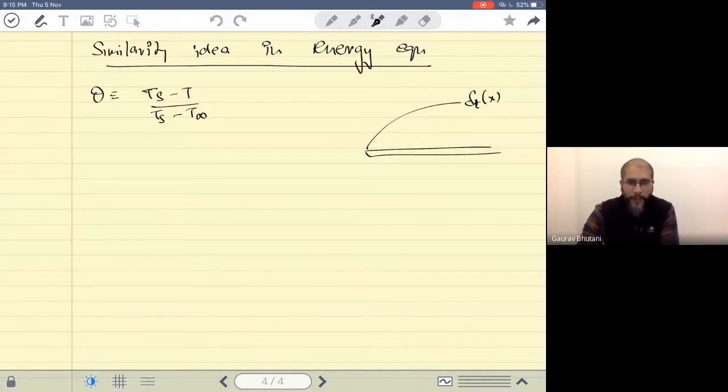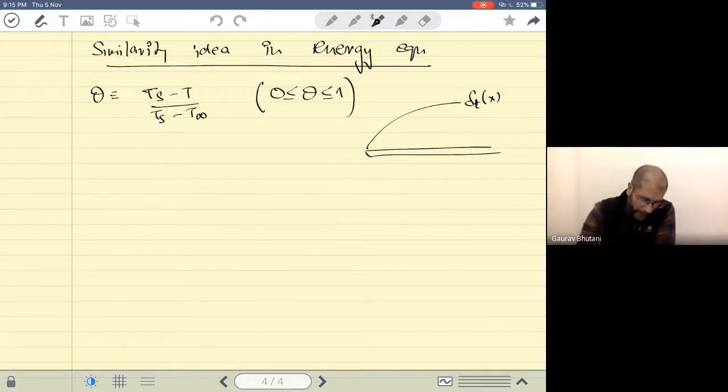In this case, we are assuming that the surface is hot as compared to the free stream fluid. So this is how we've been defining theta. That means theta varies from 0 to 1 inside the boundary layer as we go up vertically. So theta is between 0 and 1.